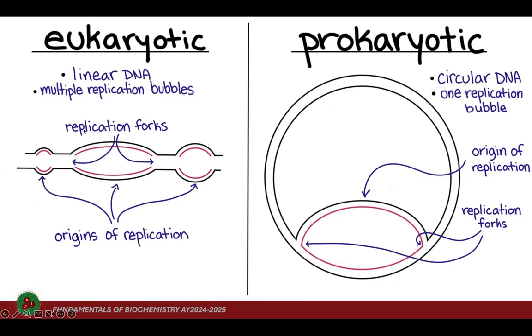Now, another thing that we have to consider is the timing of DNA replication with the cell cycle. Again, you only need to do DNA replication if you are creating an offspring of that cell.